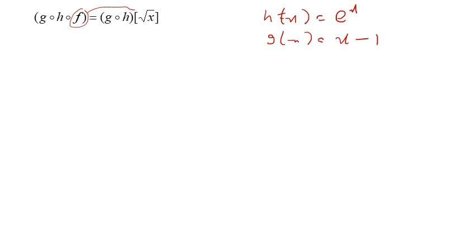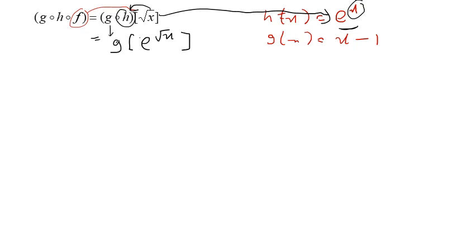So now the function f will be input for the next one, that is function h. So function h here is e to the x. So x here will be replaced with square root of x. So g, write down outside g, and then we can write down like this, e to the square root of x.